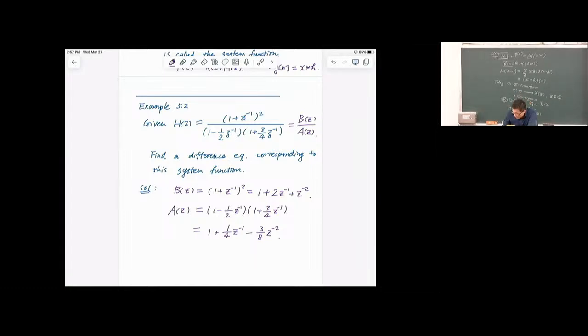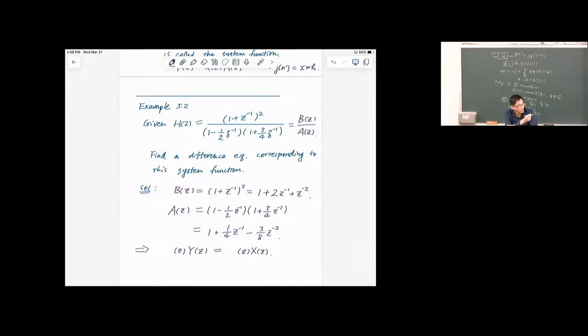Write down B of Z and A of Z explicitly as polynomials. And then what do we have? A of Z Y of Z equals B of Z X of Z. No, I had it wrong. Be careful. B here, A here, right?